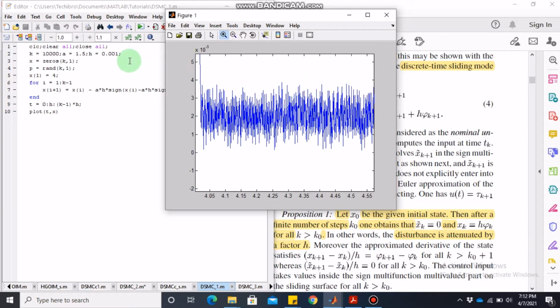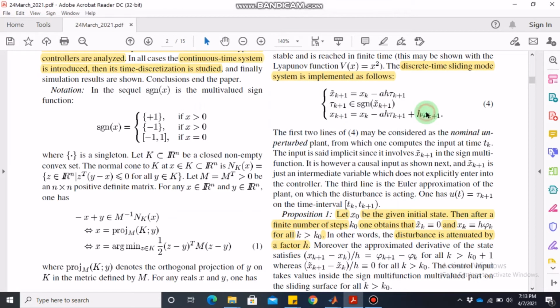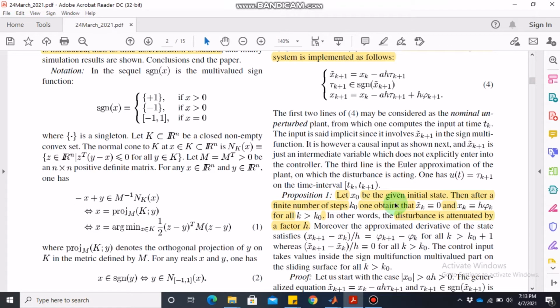The authors claim that this type of chattering will be about 1000 times less, attenuated by the factor of h. So disturbance will be attenuated by the factor of h. That is what is depicted by the paper, and that is roughly what we see in the simulations as well.